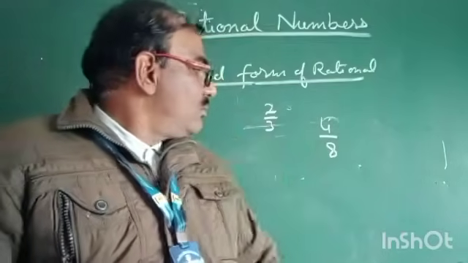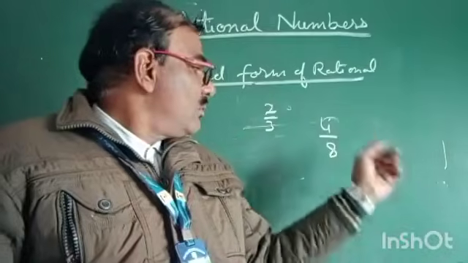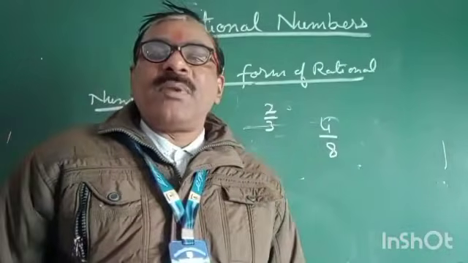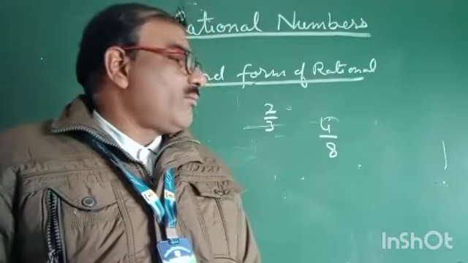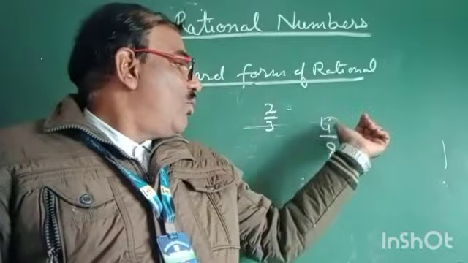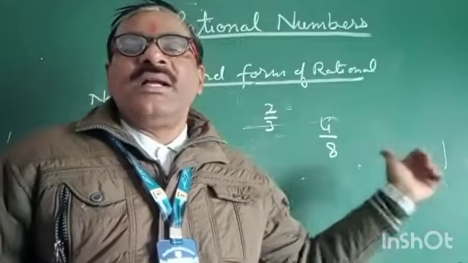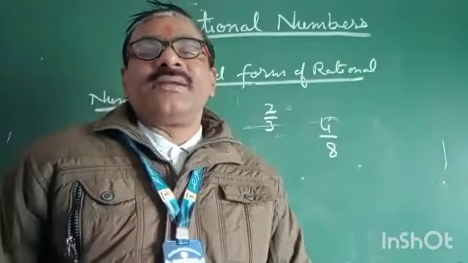Now, how will I find out the standard form of 4 upon 8? I will divide 4 and 8, that is numerator and denominator, by the HCF of 4 and 8.